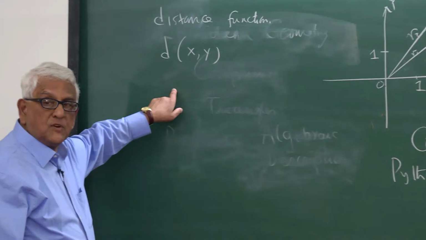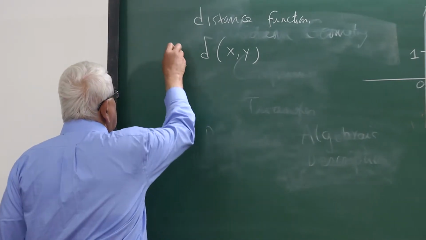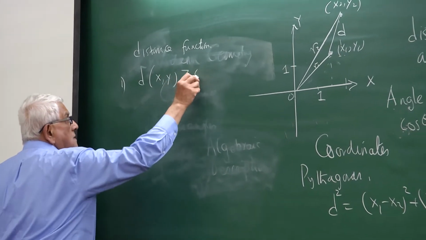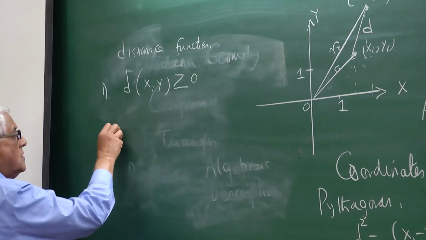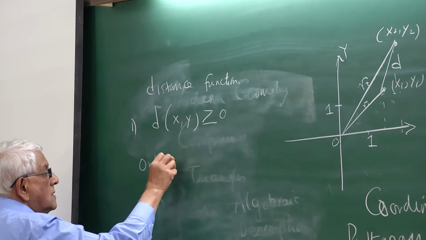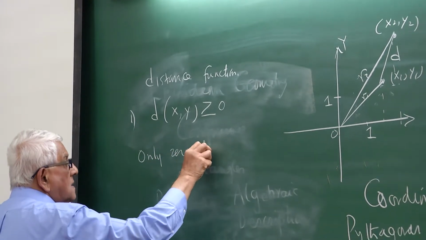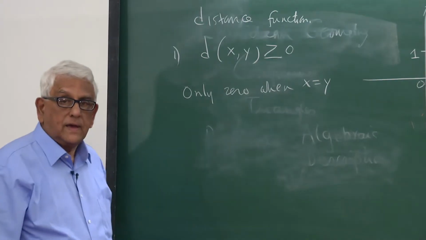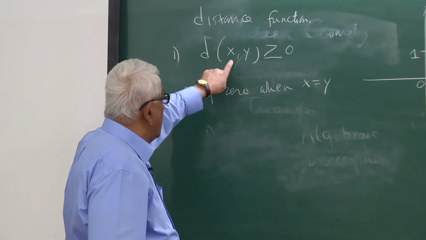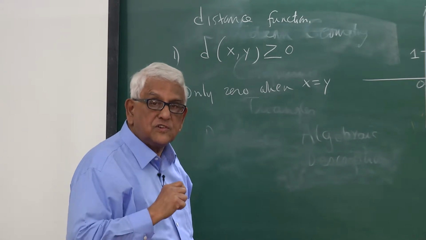has a number of properties. The first property is that this is positive. It is only 0 when x is equal to y. Okay? So, the distance is when x and y are the same points, the distance is 0.